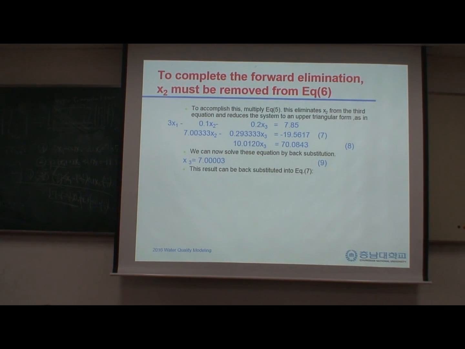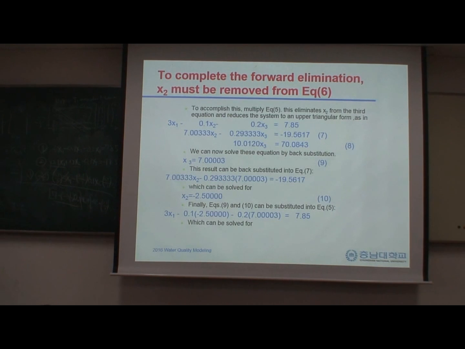Now we have x3 7 something, and then we can just substitute my x3 to here to calculate x2. And then if I know x2 and x3, I can substitute those two to this equation to calculate x1, right? So now I have x1, x2, x3.